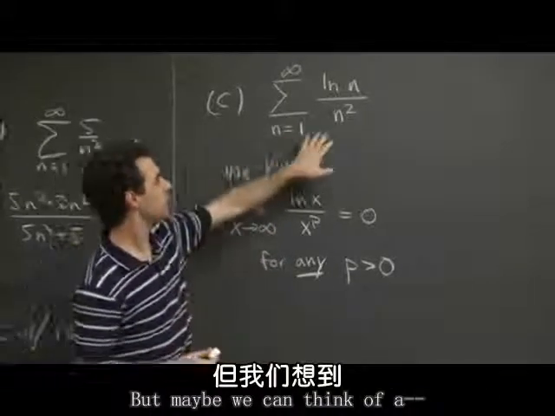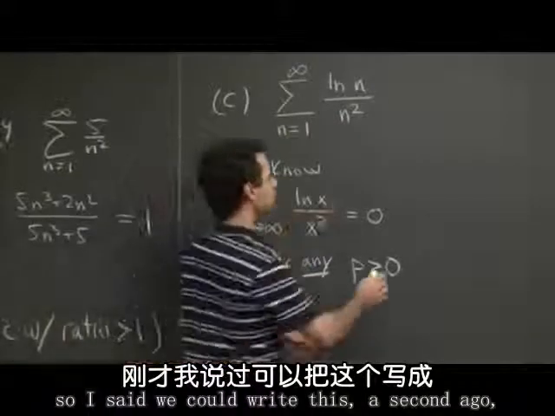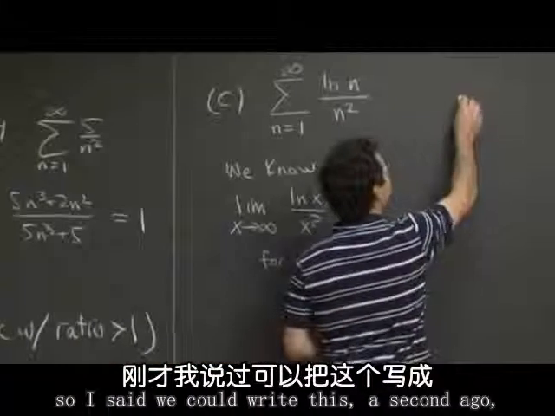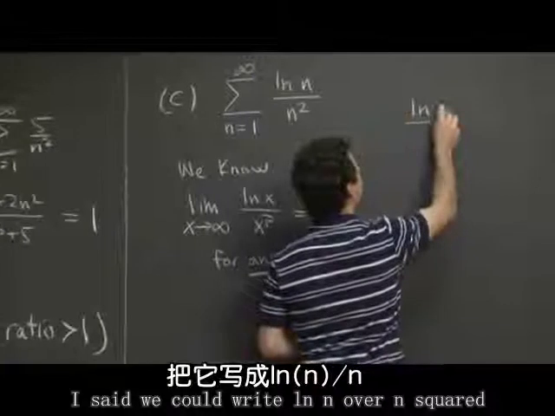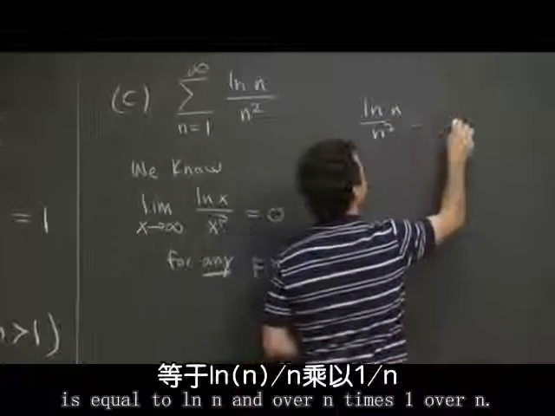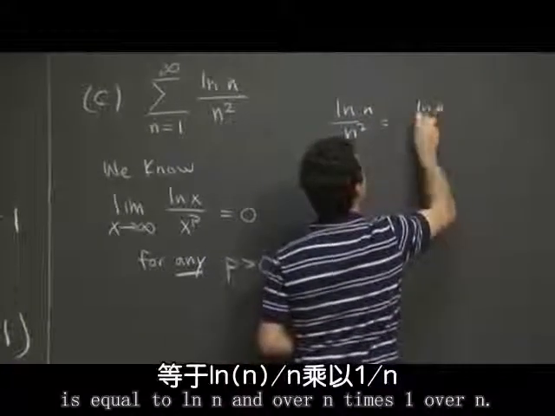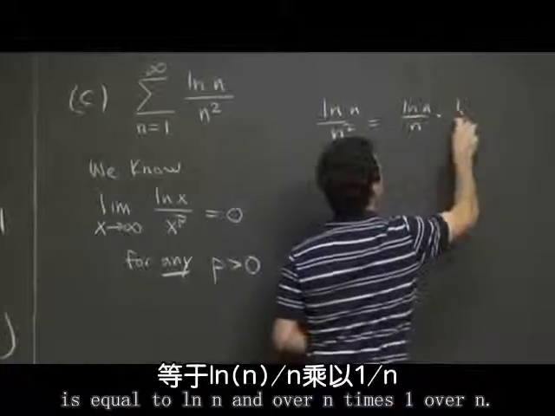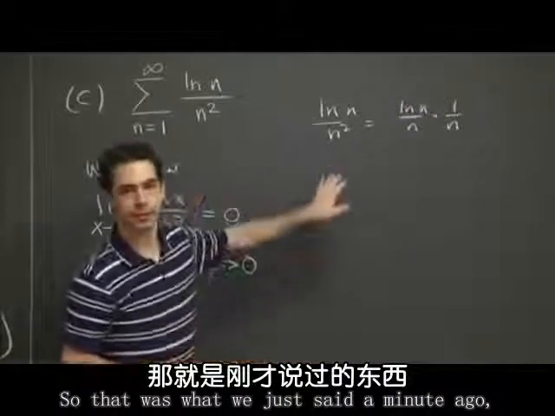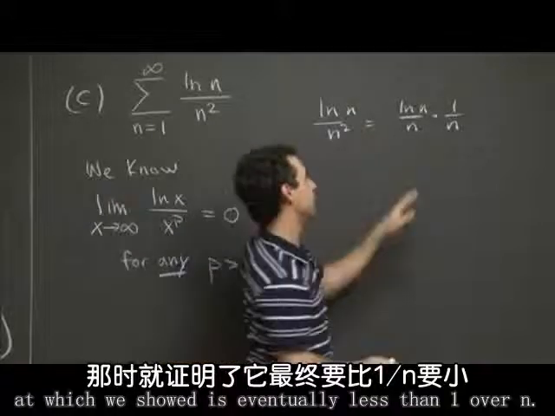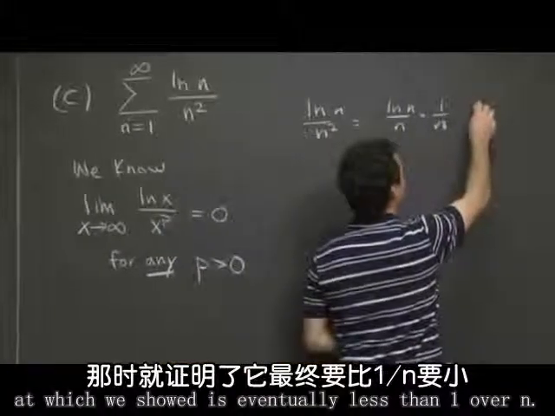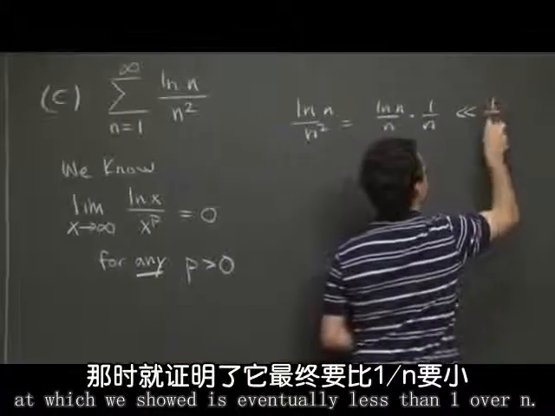But maybe we can think of a, so a second ago I said we could write ln n over n squared is equal to ln n over n times 1 over n. That was what we just said a minute ago, which we showed is eventually less than 1 over n.